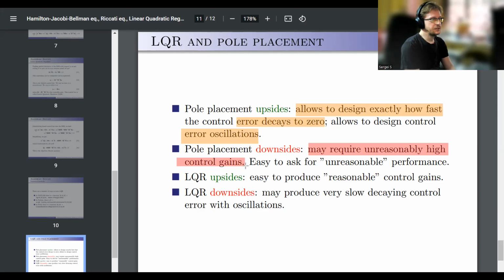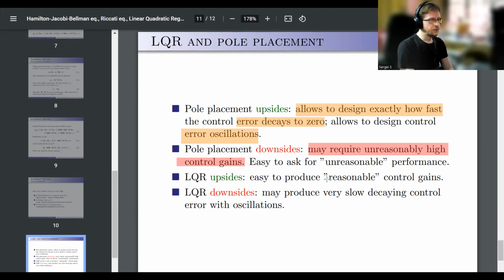So in fact, it's very easy to go wrong. The whole idea of pole placement is that you don't really care about the dynamics beforehand. You just force it to behave the way you want. And you can imagine this is not good.